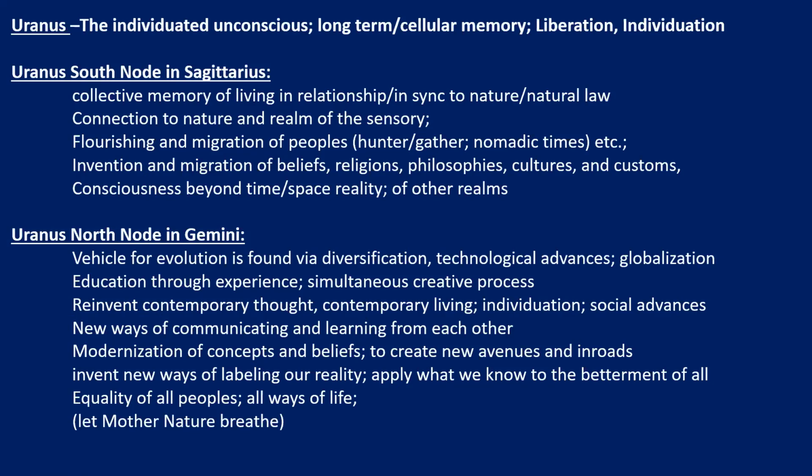The North Node in Gemini, to accelerate evolution. The intention forward is to reinvent contemporary thought, contemporary living. So that we are not living with the social structures that we have been, that are creating today's societies, and isolation, and all the things that it's been doing here.